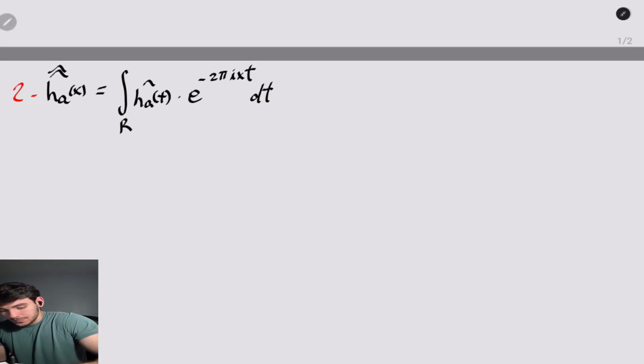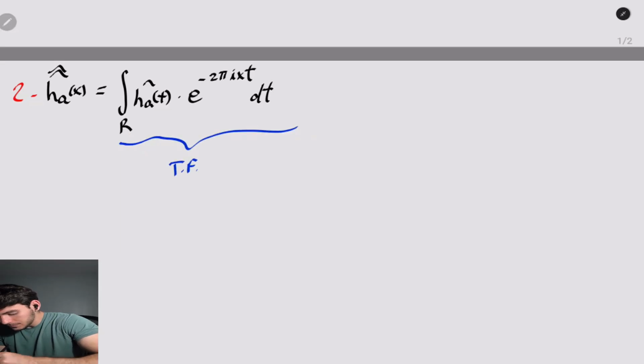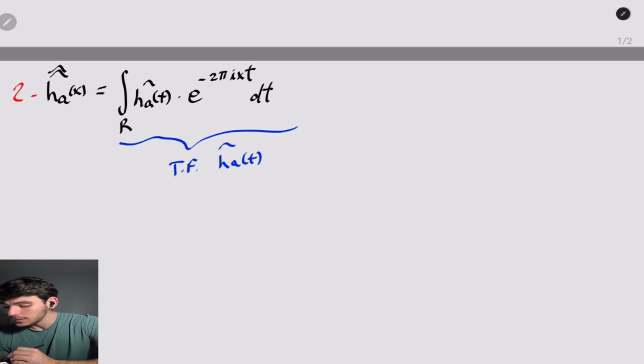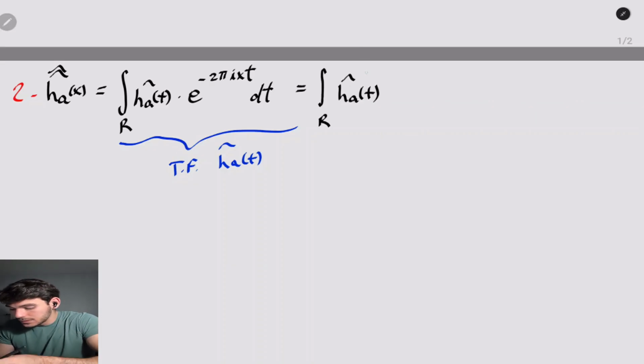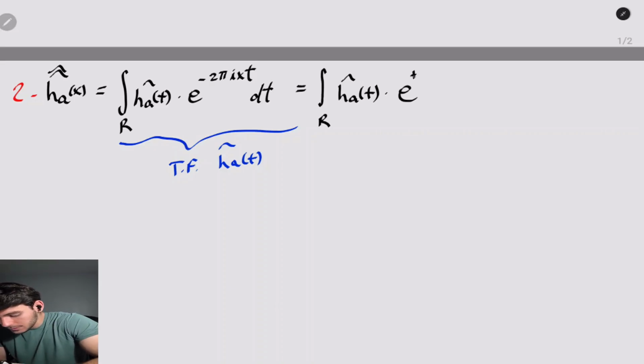That's the Fourier transform of the function h_a hat. And that's the same as writing the integral of h_a hat of t times the positive exponential, where the power is positive, 2 pi i minus x t dt.